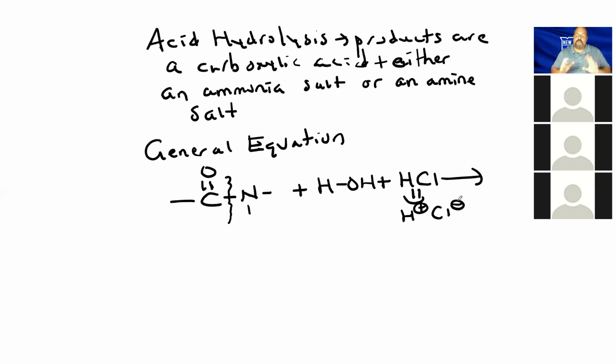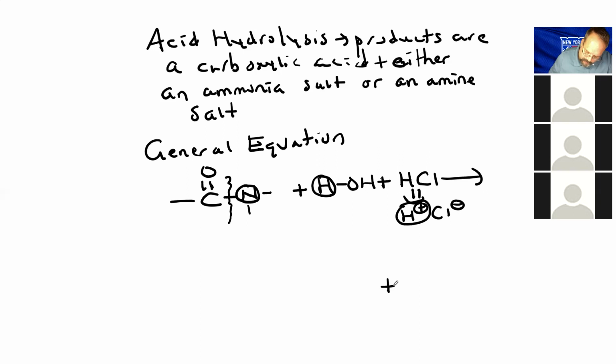Strong acid and water, dissociation is going to be complete. The nitrogen is going to pick up two hydrogens, one from the water and the other, the proton, from the acid.